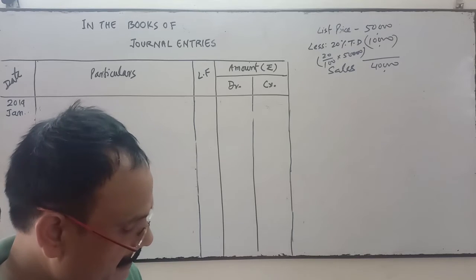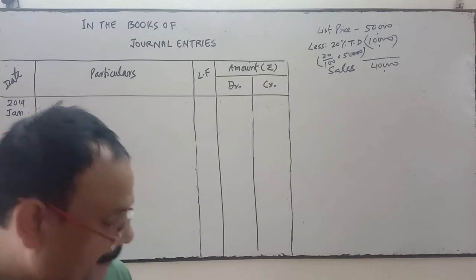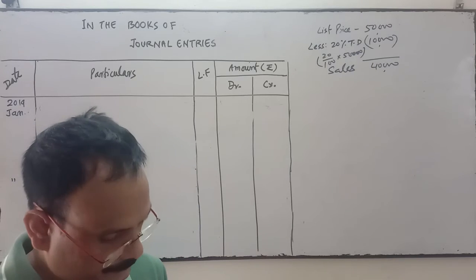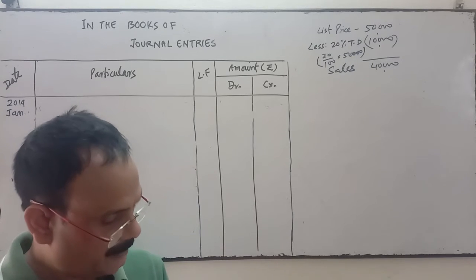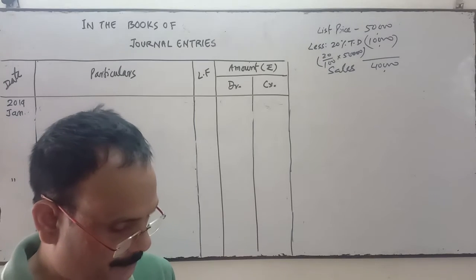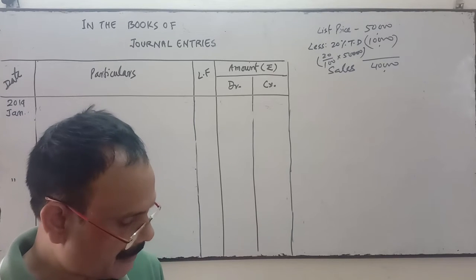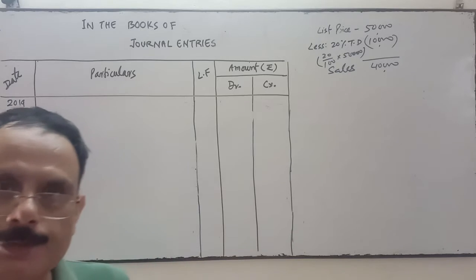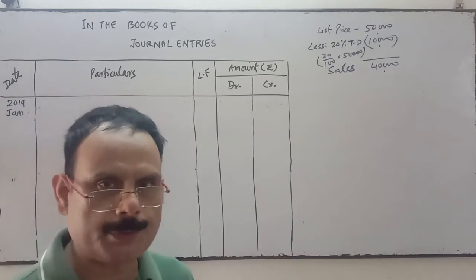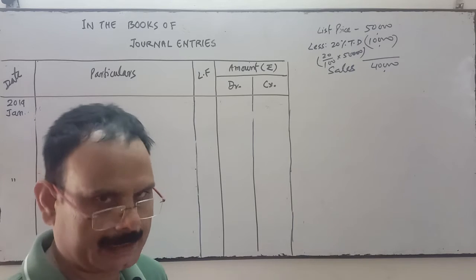75% payment is received by check on January 3rd. Goods is sold on which date? Goods is sold on January 8th, and the 75% received by check on which date? January 23rd. So when we receive the amount, that entry will be done on the date of receipt.